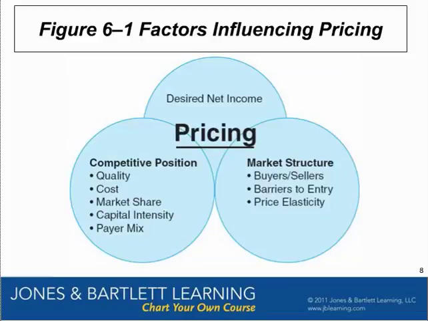Now there are a few factors that influence pricing. The first one is the desired net income. Now you think, okay, that's kind of elementary, but it's not. The goal is always to keep a positive bottom line as opposed to a negative one. Nobody wants to run in the red.